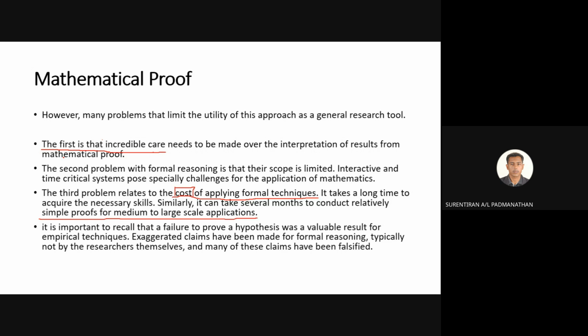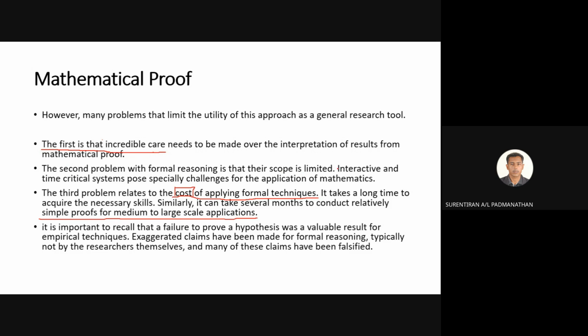That's why people are worried to use mathematical proof. The second problem with formal reasoning is that their scope is limited.